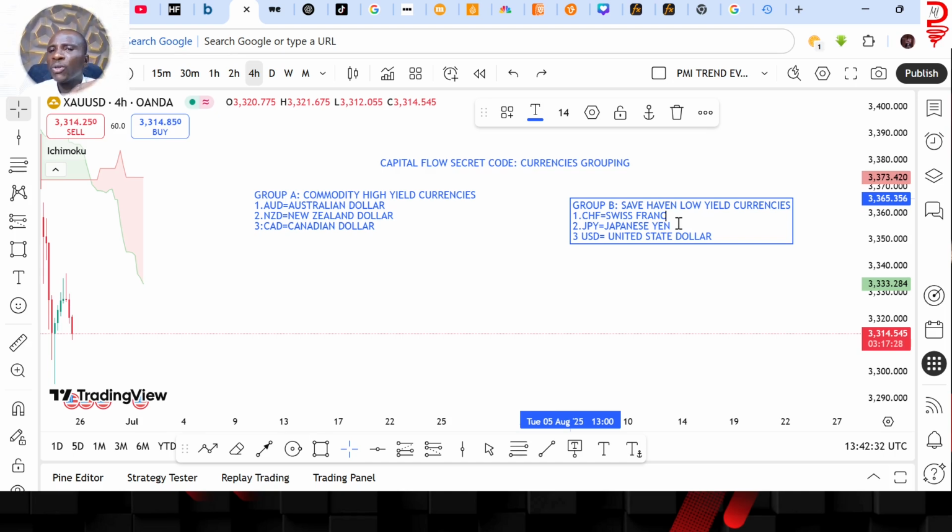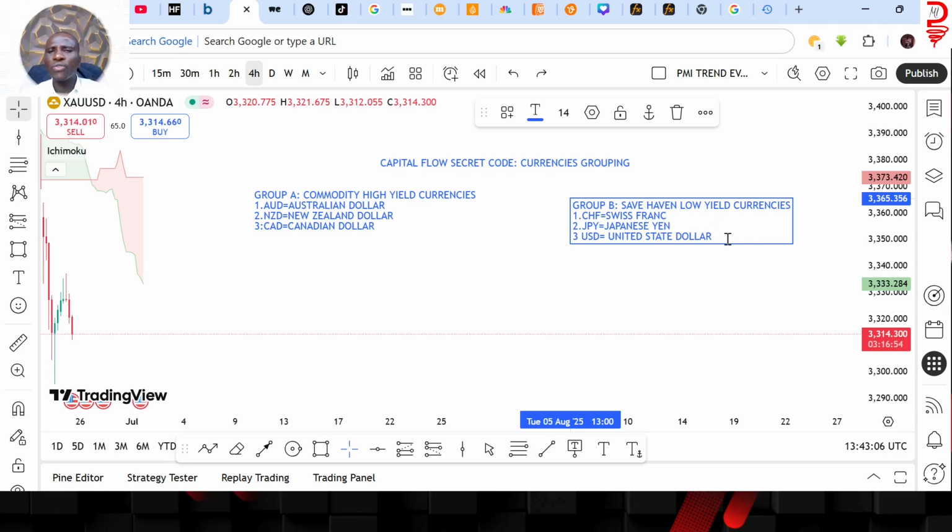In fact, movement of capital is induced by this low interest rate that these countries maintain, and that makes it a safe zone for investors in situations where we have risk off. I don't want us to have a lot of concepts around this capital flow, but I really want to focus on this secret code I'm trying to give you, which is currency grouping.